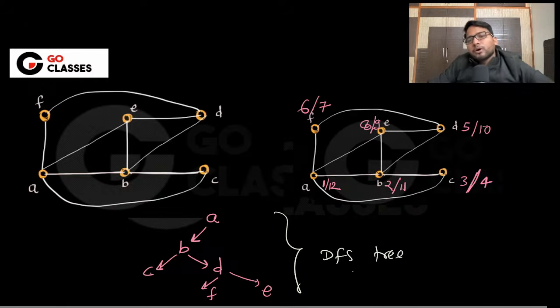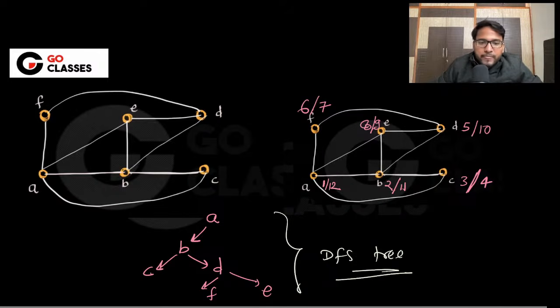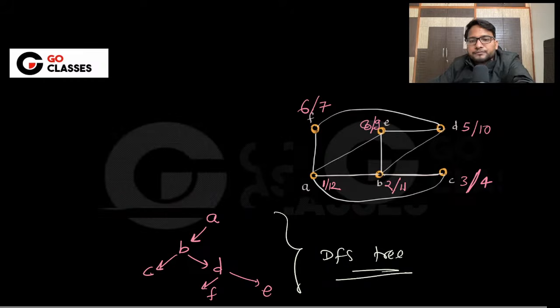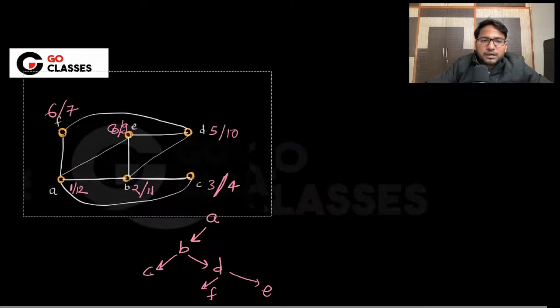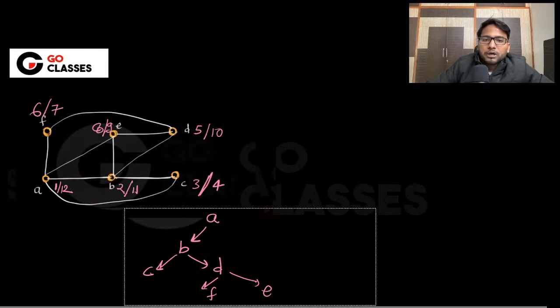Now, one thing to note here is, if this is given to you, then how to go from here to here? Let's suppose there's a question: given this particular discovery time and finish times, draw the DFS tree.